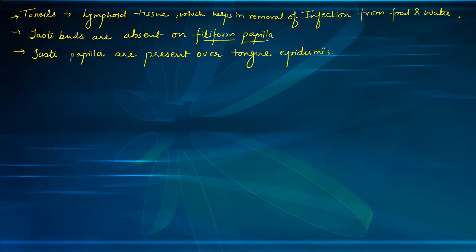Taste buds are absent on filiform papillae, and the taste papillae are present over the tongue epidermis. This means the circumvallate papillae and fungiform papillae have taste buds. Foliate papillae are absent in humans.